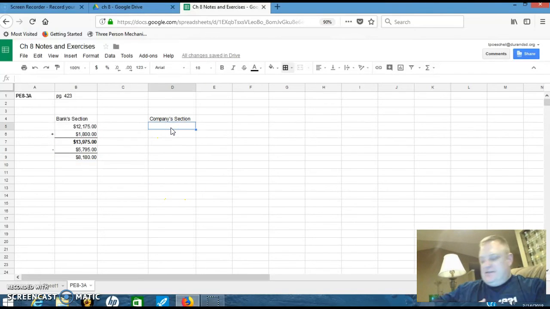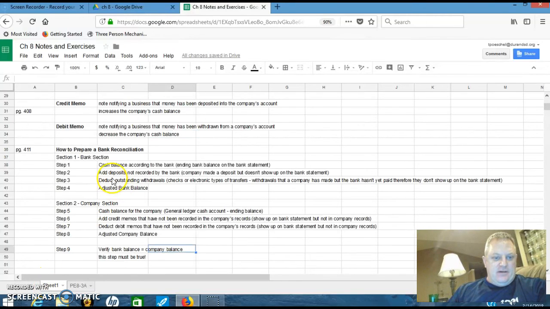Let's move to the company section. Company section, balance per company records is $94.80. Okay, now, first thing we need to do to the company's balance is we need to add credit memos.